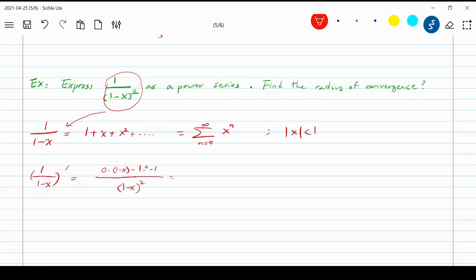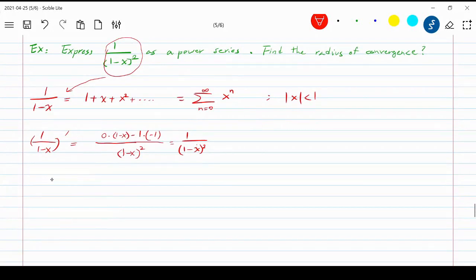And if we simplify it, you'll end up with 1 over (1 minus x) squared. And so what do I notice? I notice that this is exactly the derivative of that term. So 1 over (1 minus x) squared is the derivative of 1 over 1 minus x.